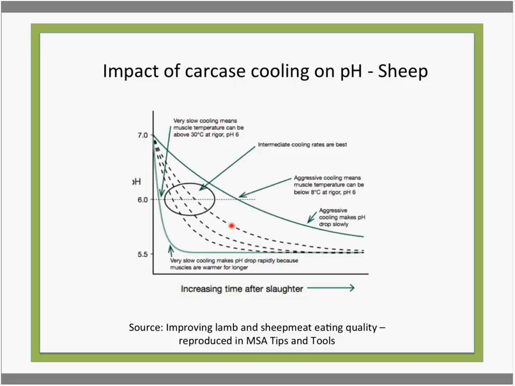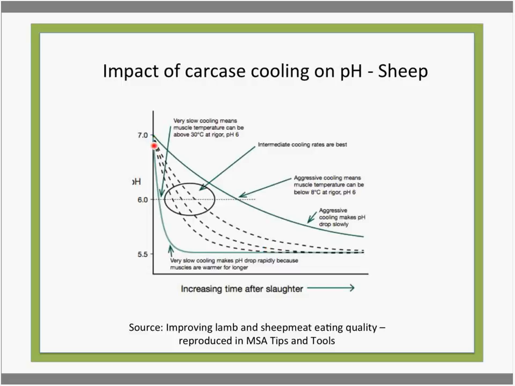And this one shows us putting the information we just learned about cold shortening and heat shortening onto our time of slaughter.